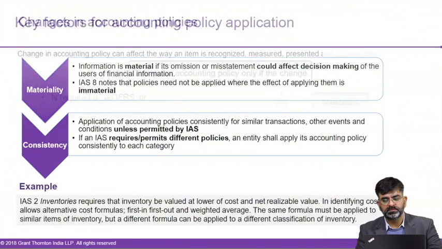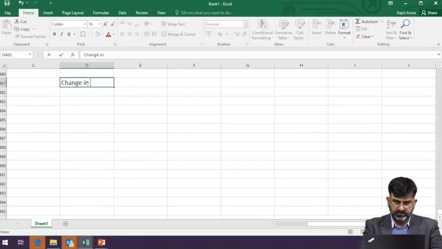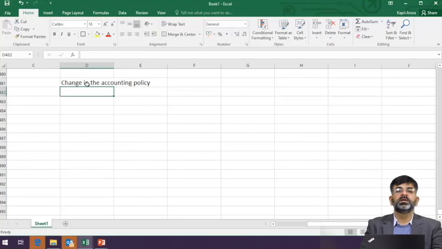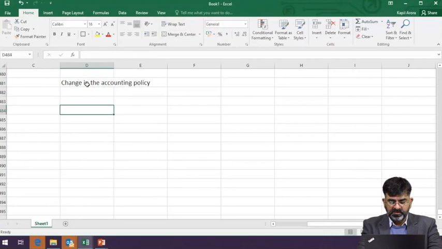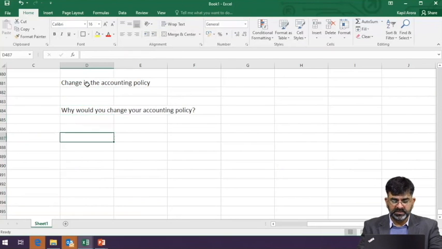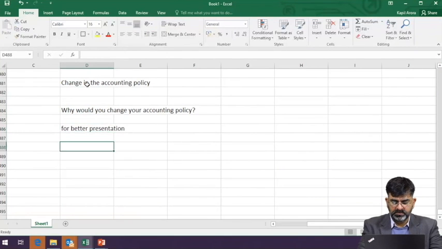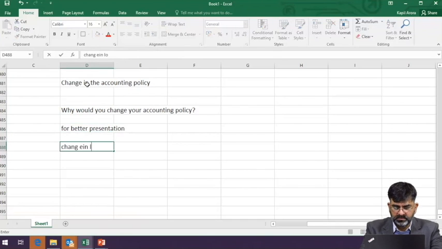Now what happens if there is a change in the accounting policy? But before that, let's understand why you would change your accounting policy. For better presentation? Or a change in law?